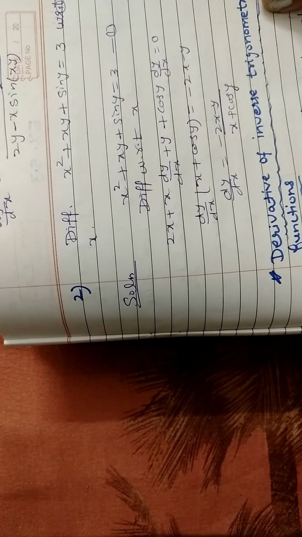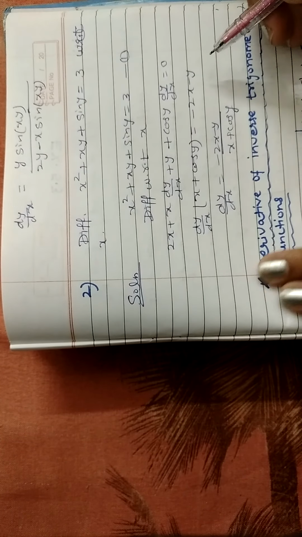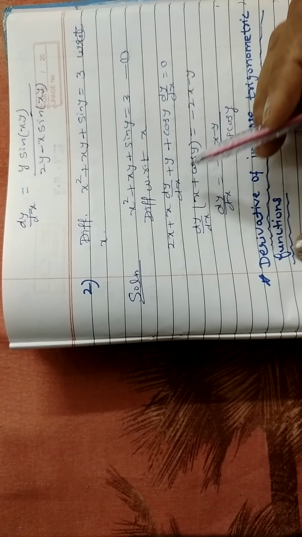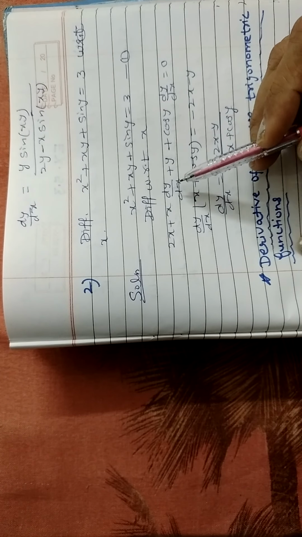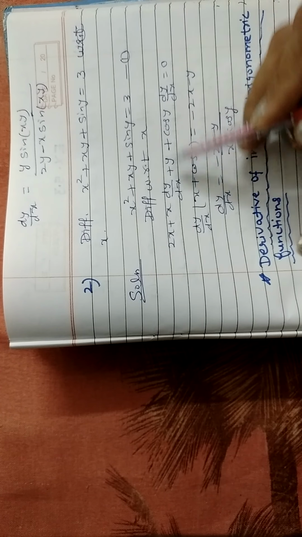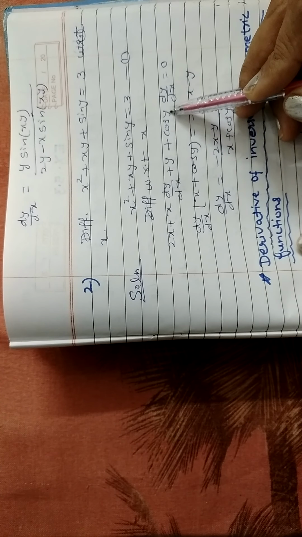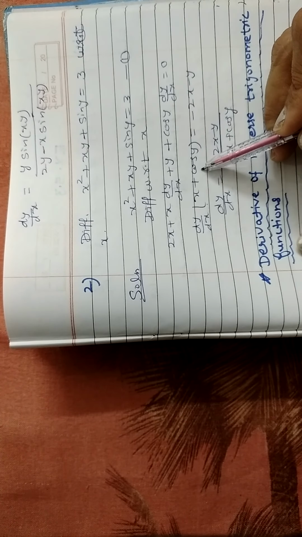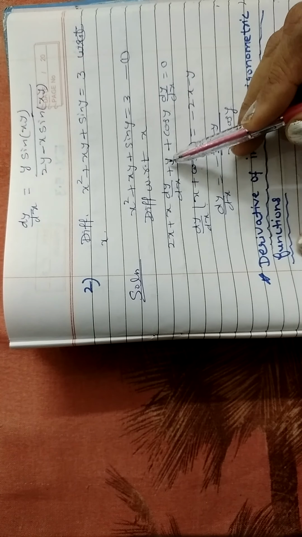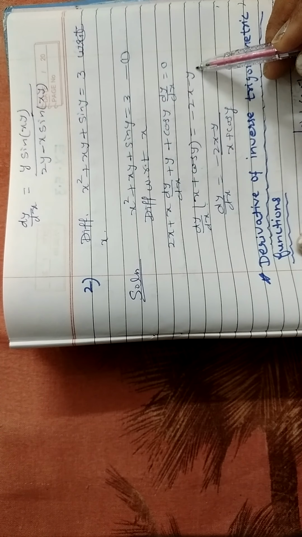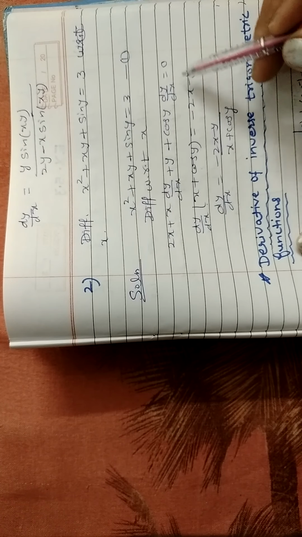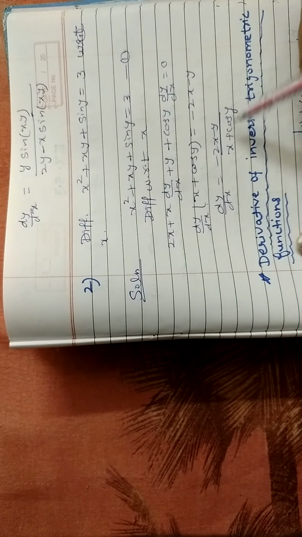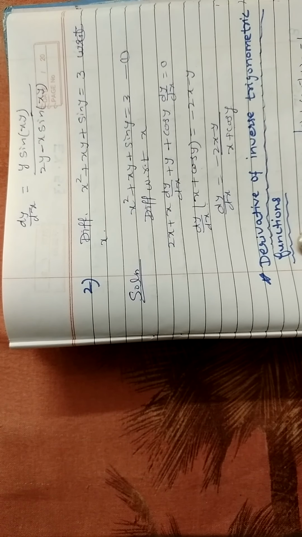And on the right side it is what? It is 0. Clear? So now you will collect the terms which contain dy by dx, these two terms you will keep on the left hand side, and the other terms you will shift to the right side. Then dy by dx will be this by this. Clear? So this is your answer.